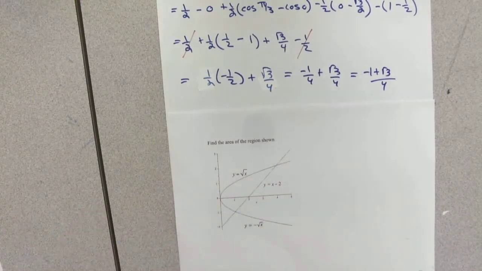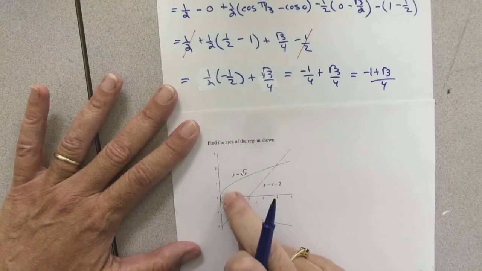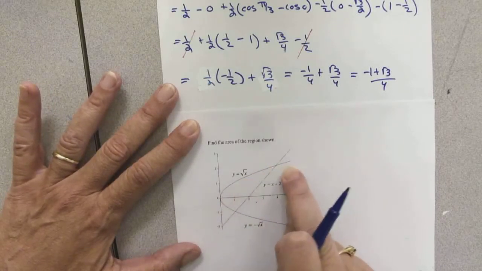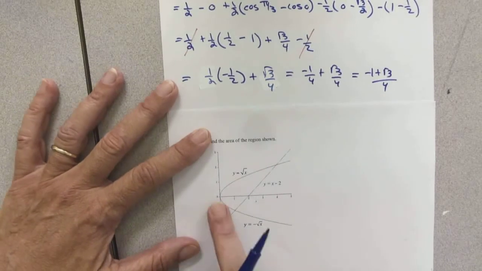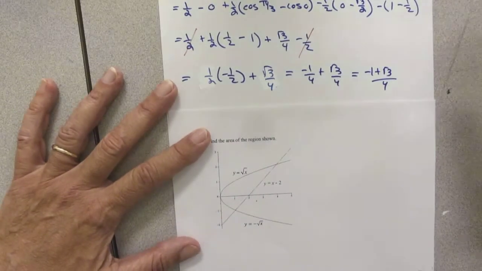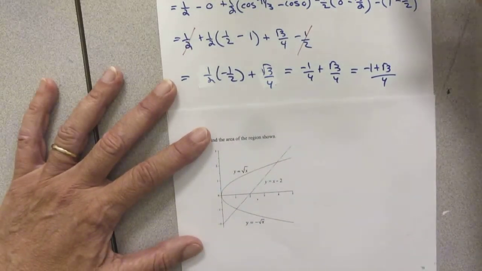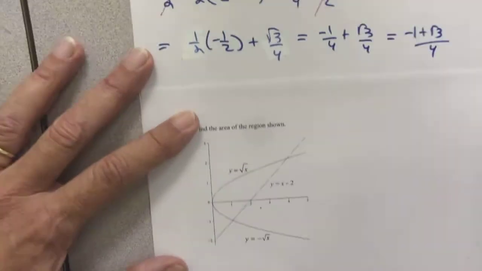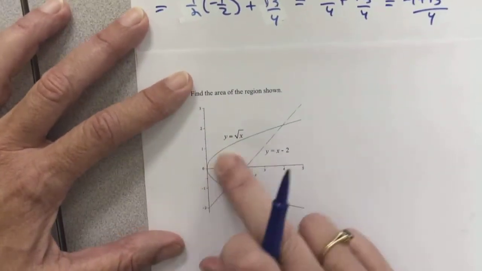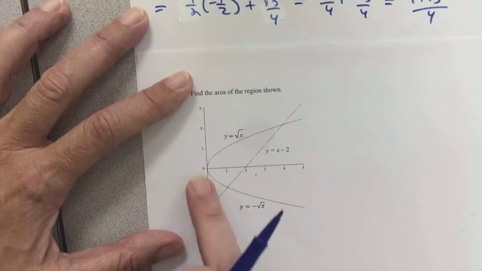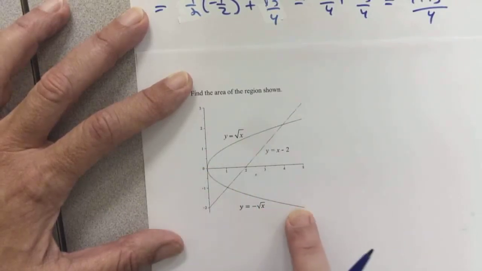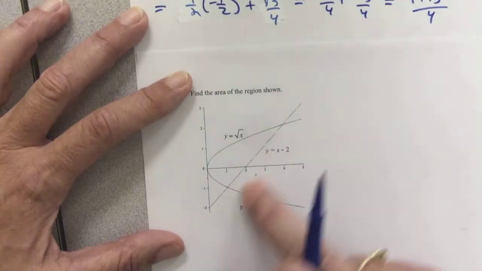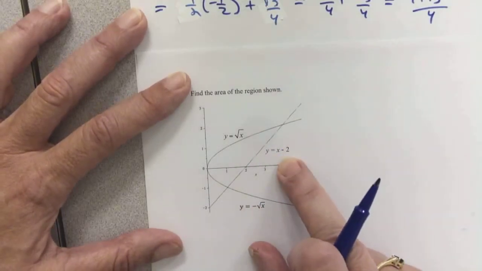So here's my region, and square root of x is the top of that sideways parabola. Negative square root of x is the bottom. Let's zoom in just a little bit. So square root of x is the top of that sideways parabola. Negative square root of x is the bottom of that sideways parabola, and then the diagonal line y equals x minus 2.